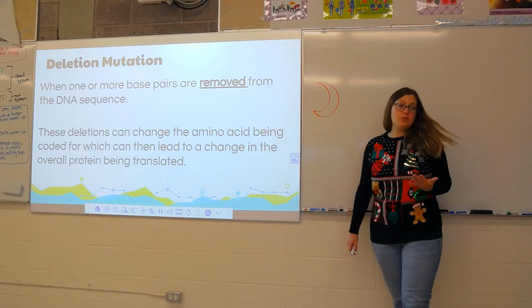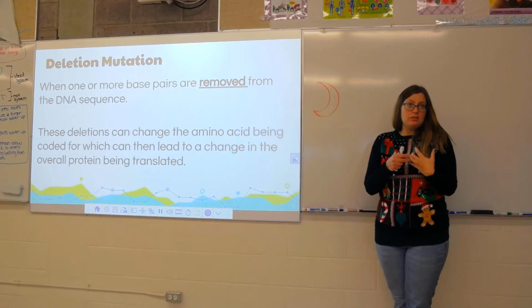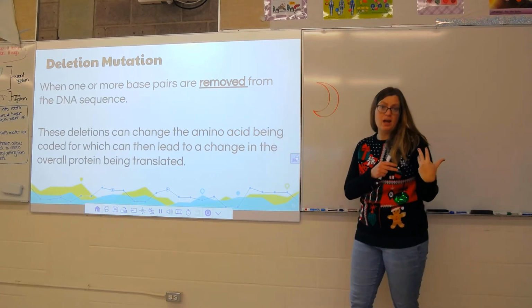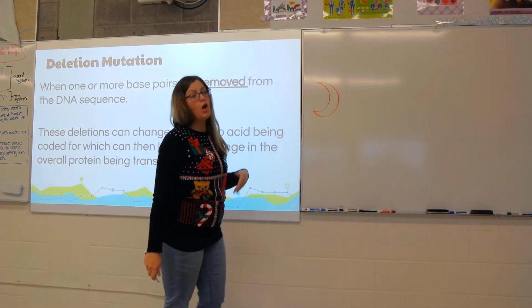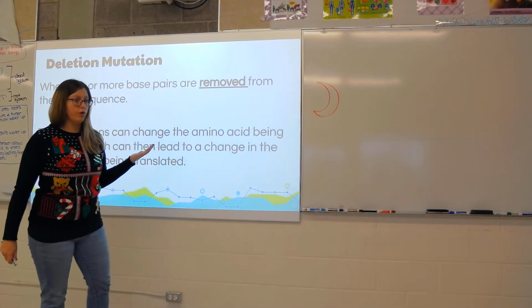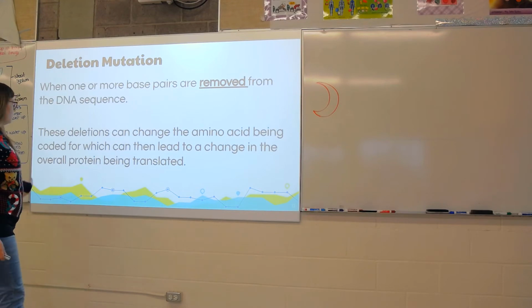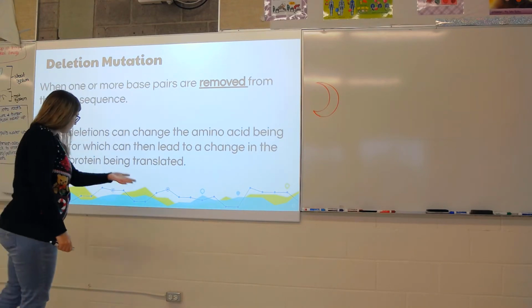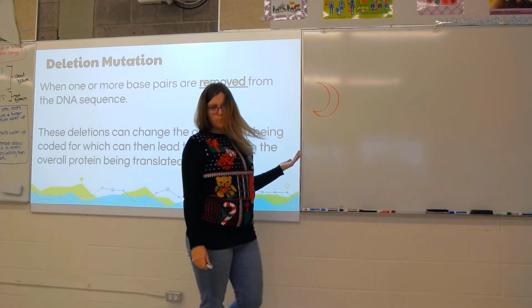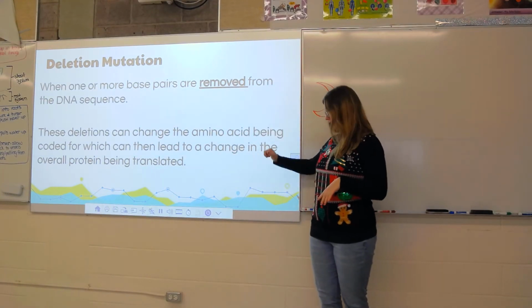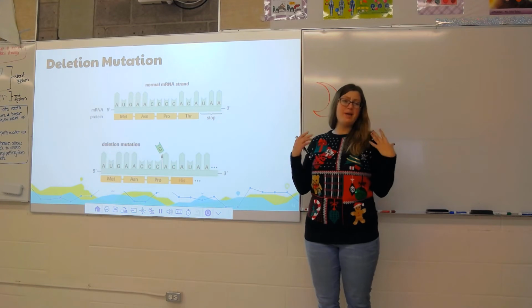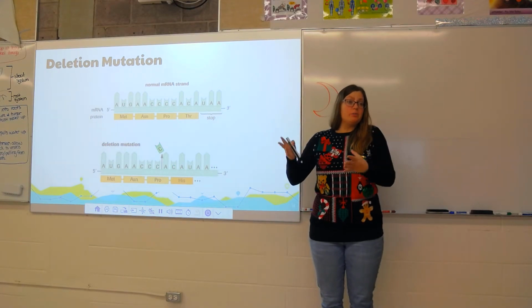So with a deletion mutation, you're literally deleting nucleotides. So you're taking stuff away, which again is going to cause differences in the amino acids that are going to be made, which are going to cause differences in the overall protein. So remember as well that if it's one mutation, because this is a deletion mutation, it may also lead to other mutations happening.